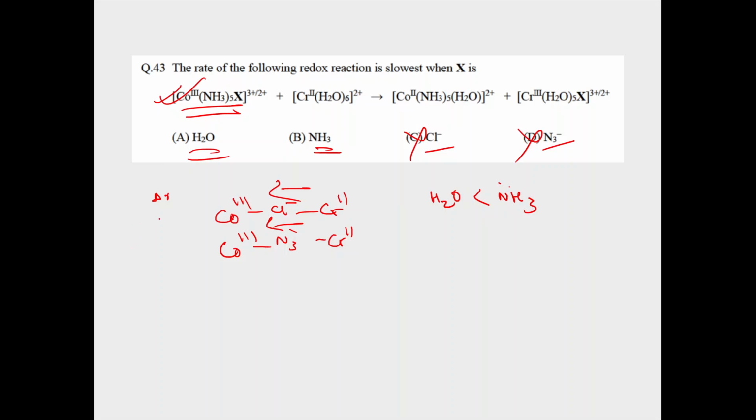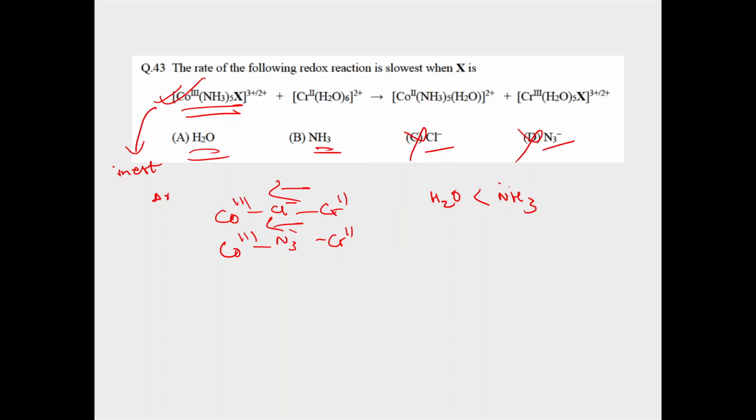So if there is a stronger field ligand, it will make this complex more inert, and therefore the tendency of doing this reaction will decrease further. So we can compare water and ammonia ligand this way, and from that we can understand that in the ammonia case the redox reaction rate will be the slowest.